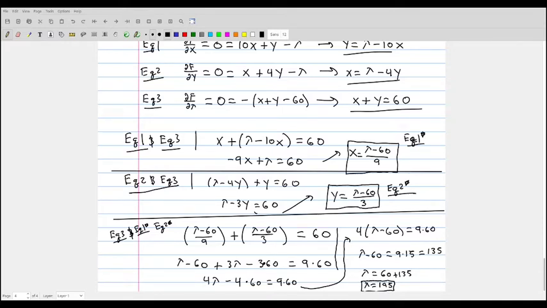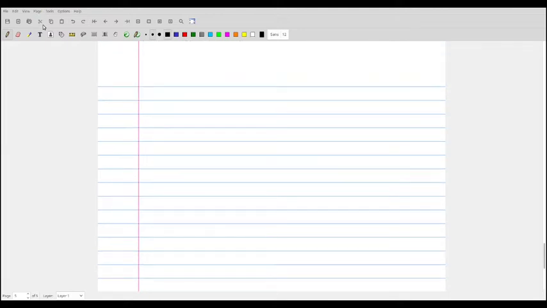So our Lagrange multiplier for this problem is 195. And then the last step of the problem is to take this and directly plug in for x and for y. So we have that x is equal to lambda minus 60 over 9. This is going to be 195 minus 60 over 9, which is equal to 15.